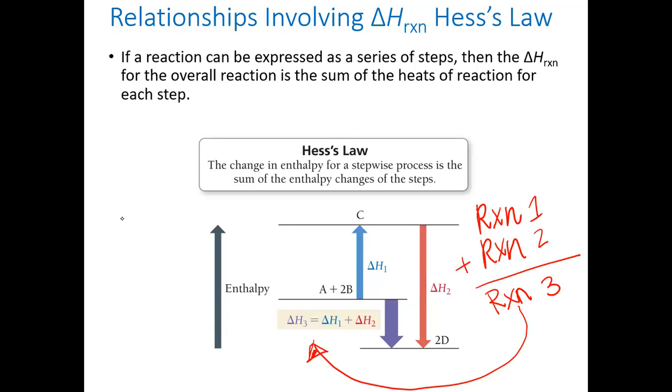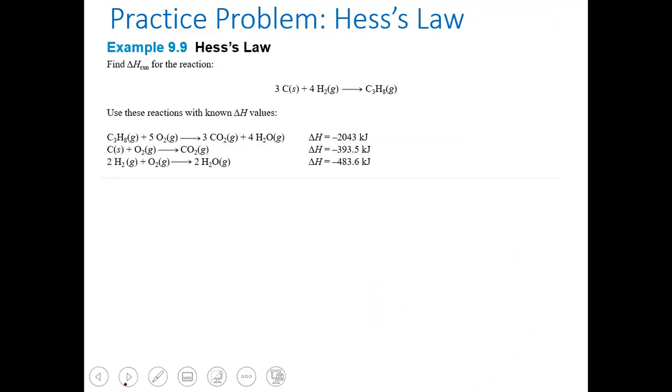But sometimes you're going to have to manipulate equations to get them how you want them, so that when you add 2 reactions together, it gives you the actual desired reaction. So let me show you what I mean. If you look at example 9.9, I want to find the delta H of reaction for 3 moles of solid carbon plus 4 moles of H2, yielding 1 mole of propane, C3H8.